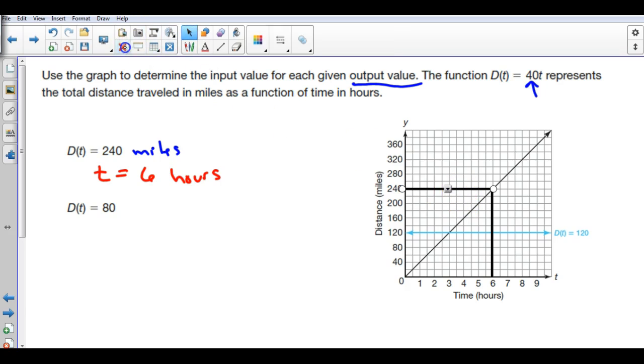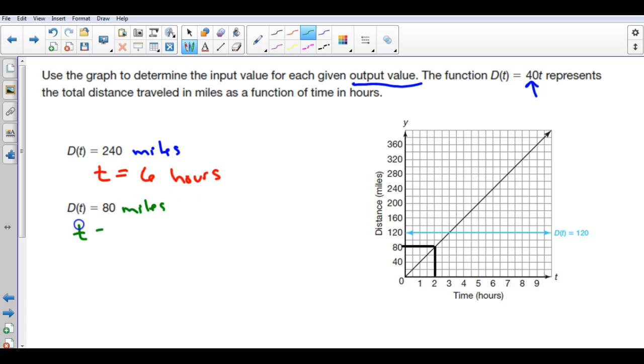And then I'm just going to move these out of the way. And the next one would be 80, so I'm going to do the same thing. I'm going to find where 80 is on here. We're going to connect going over to our function line. This diagonal line is our function. And I'm going to trace down to my x value, so that's 2. So what that means then is that for 80 miles, I know that my time would represent 2 hours.